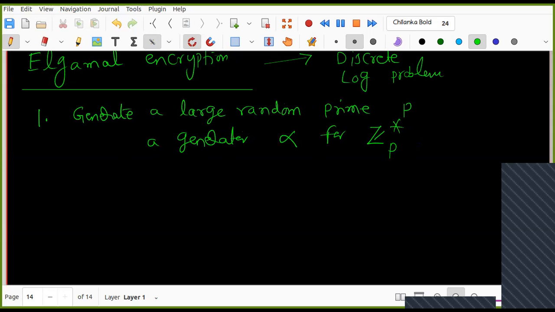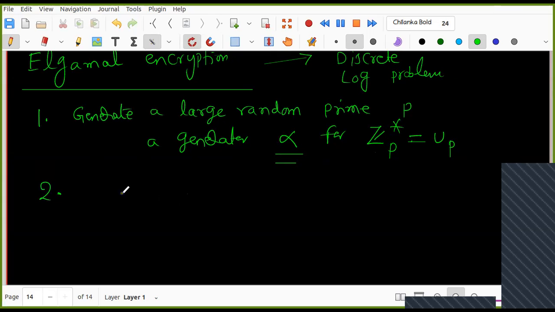What is Zp star? It is 1 to p minus 1, with 0 removed, and we know it's a cyclic group. It has a primitive root for modulo p, which we discussed. A primitive root exists for primes, so I'm taking alpha as the generator. Luckily, we have done number theory, so things are becoming easy and we are seeing the applications now.